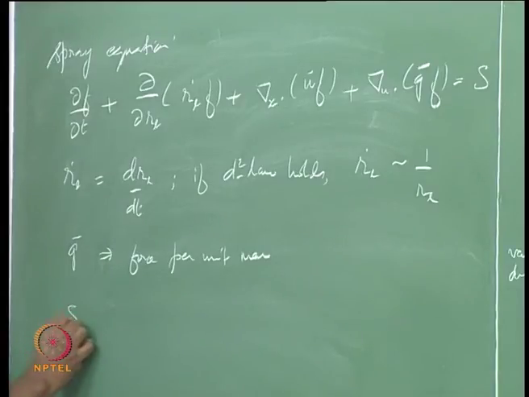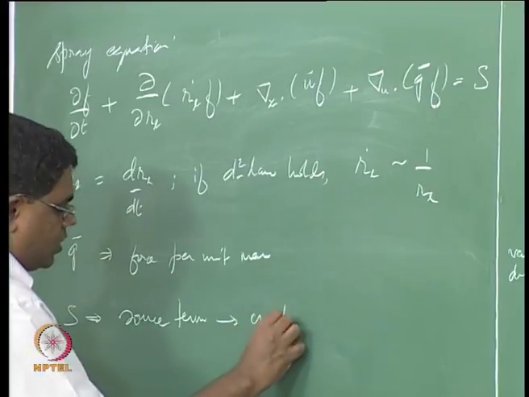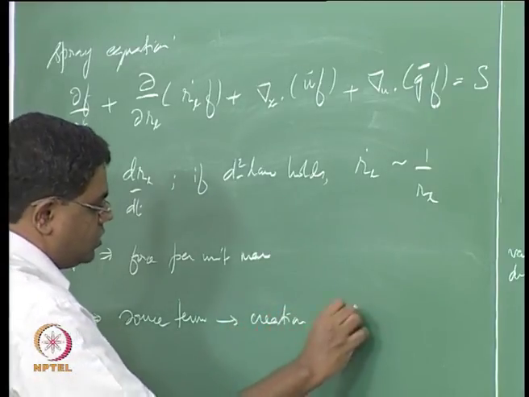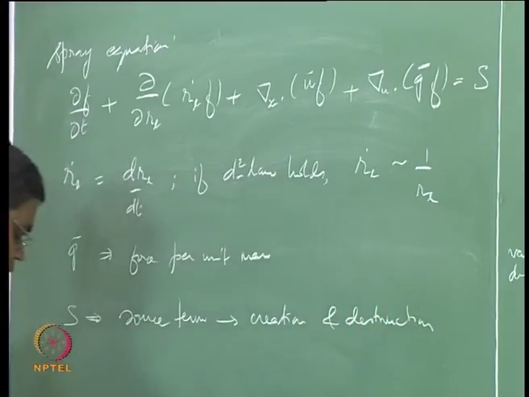And S is actually the most important thing and also the most difficult thing, the source term. You have to look at two sets of quantities: creation and destruction. So it's essentially a net source term of droplets.